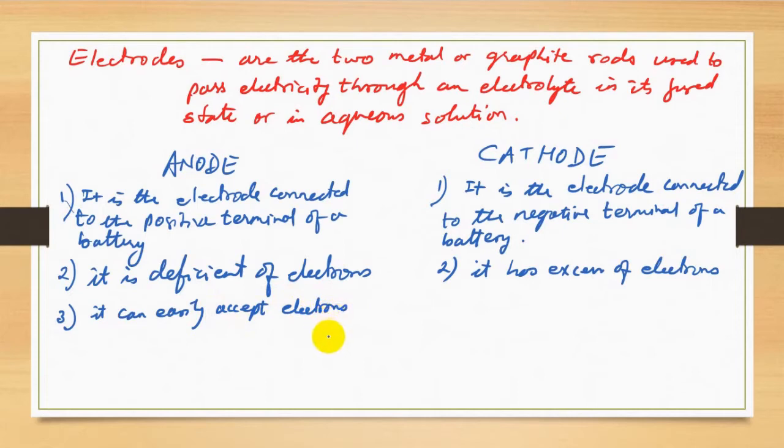It is positive, it has less number of electrons, so if anyone wants to give electrons, it will readily take them. And cathode can easily donate electrons. So who is giving the electrons? Cathode. And who is taking the electrons? Anode.